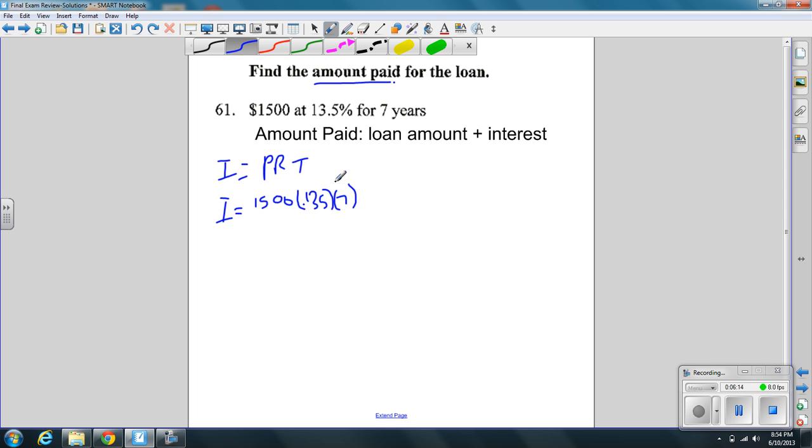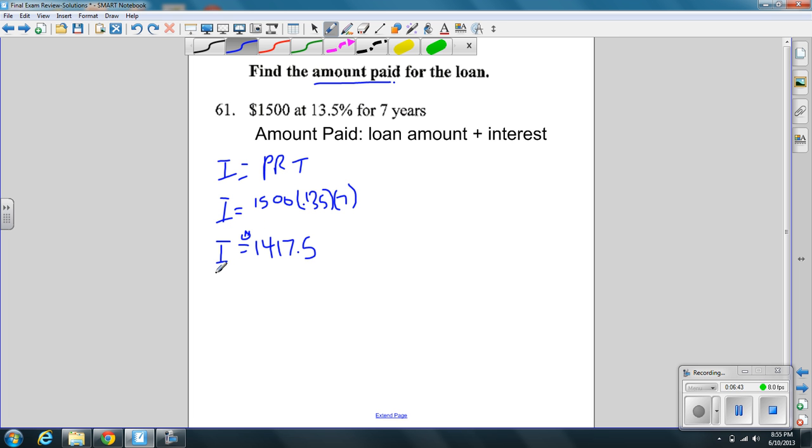So what I would do is multiply the 7 times the 1,500 to get 10,500, and then multiply that by 0.135. And we should get an answer of interest equals 1,417 and 50 cents.